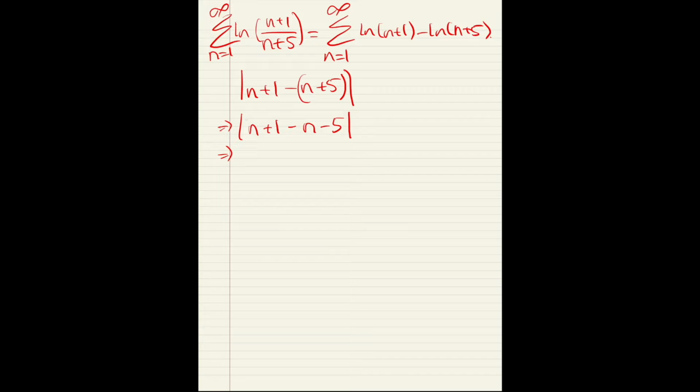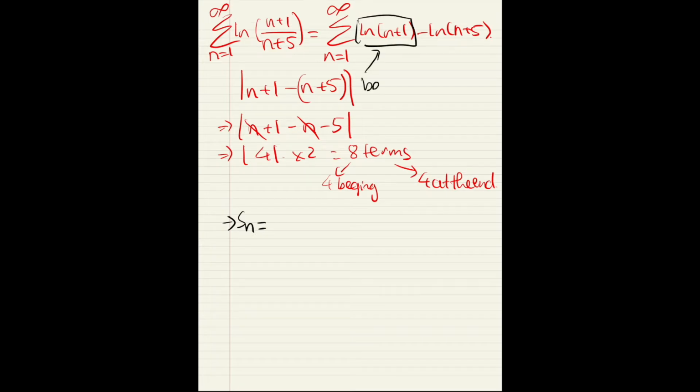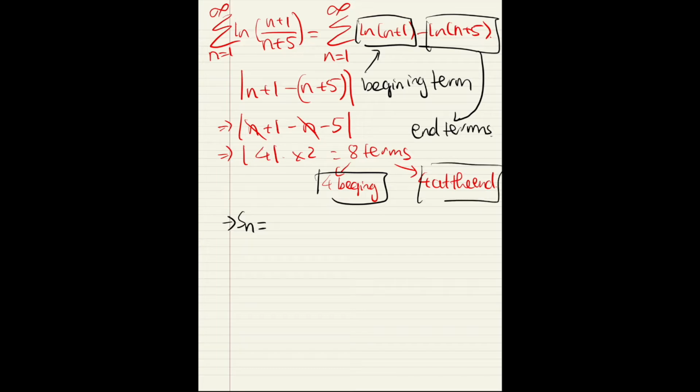By that, this cancels, so we have the absolute of 4 times 2, so we have 8 terms: 4 at the beginning and 4 at the end. So for S of n, I use this one for the beginning terms and this one for the end terms. We know there are 4 terms at the beginning and 4 terms at the end.